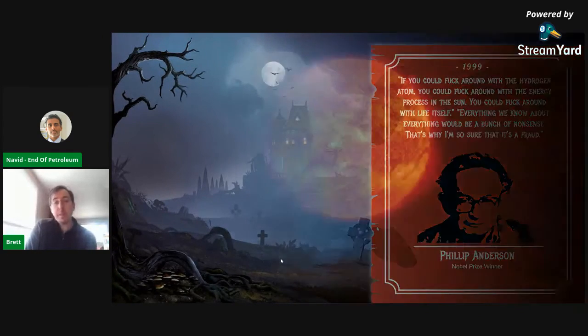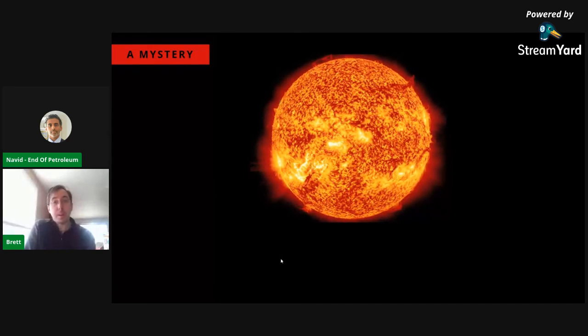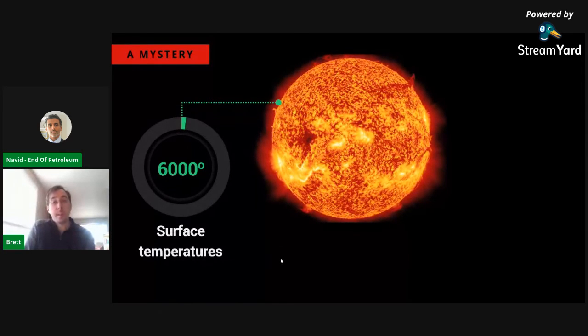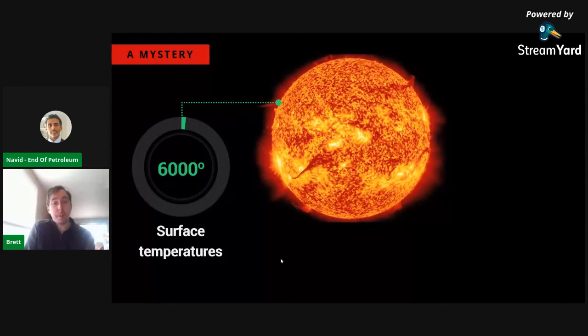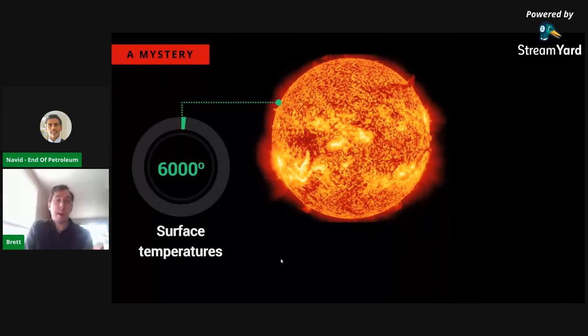So if some percentage of the energy coming out of the sun is not fusion, well, maybe some of it is being produced by these hydrino reactions. And the closer we look at the sun, the more likely this is to be true. We see these very small but extremely bright releases of energy on the sun's surface, which look very much like the reactor cells that Mills is producing in the lab.